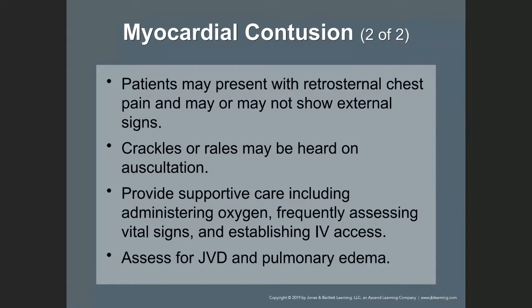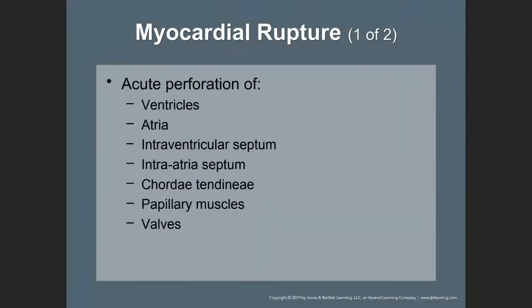Assess for JVD and pulmonary edema. Acute perforation of the ventricles, atria, intraventricular septum, intra-atrial septum, chordae tendineae, papillary muscles, and valves can also occur.